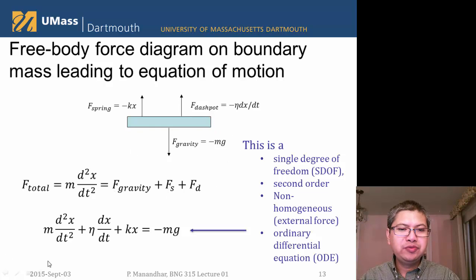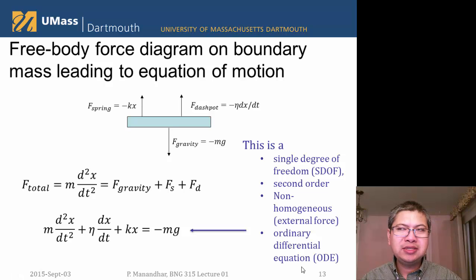If you rewrite this, you'll get mass times acceleration plus eta times velocity plus k times x equals minus mg. This equation is called a single degree of freedom second order non-homogeneous ordinary differential equation.